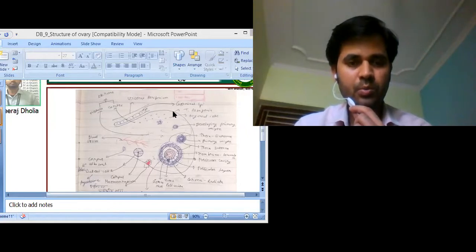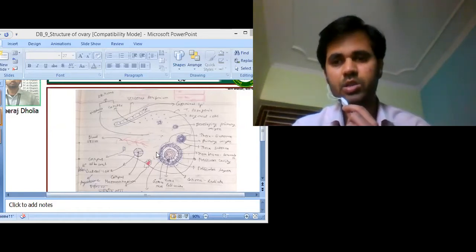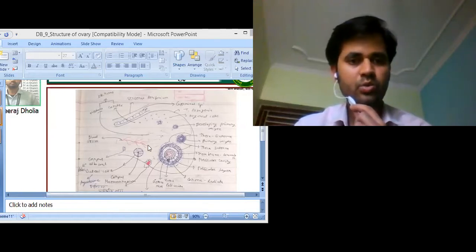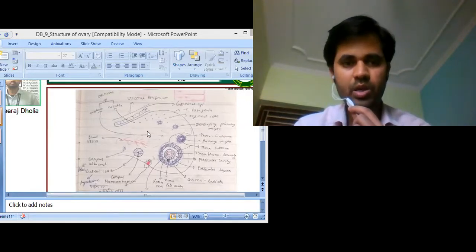Below this, the whole part present inside is known as the stroma. The stroma is again divided into two parts. The peripheral part is known as the cortex, and the central part is known as the medulla.